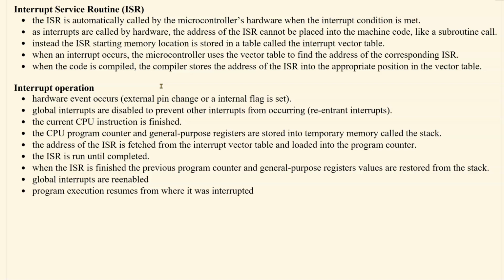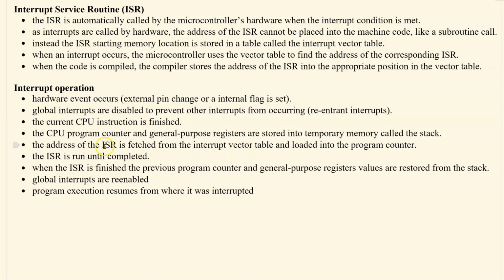So if we look at how the operation occurs, the program's going along normally, a hardware event occurs. That could be an external pin change or an internal flag is set. The global interrupts are disabled. This stops other interrupts from occurring. The current CPU instruction is finished. The CPU program counter and general purpose registers are stored into temporary memory called the stack.